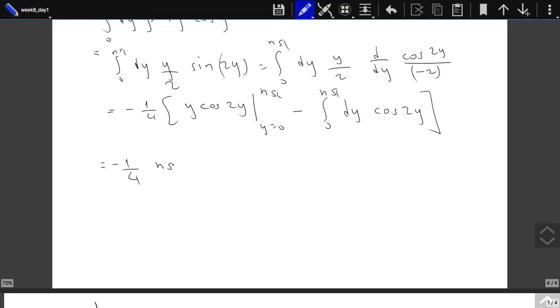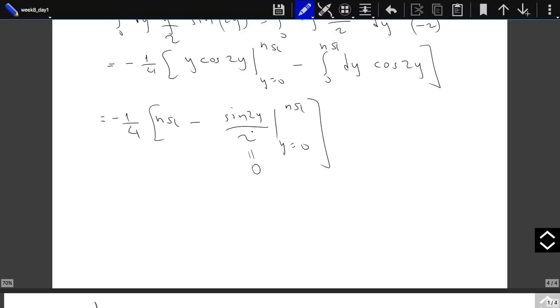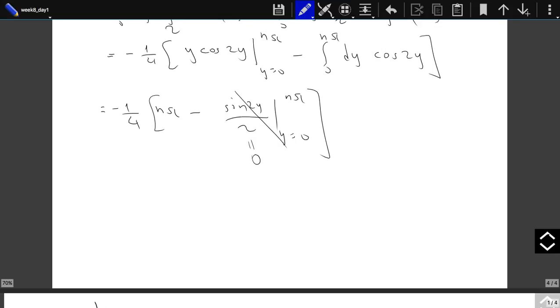So we have n times pi minus that, sine 2y over 2 when y goes from 0 to n pi. That is 0. So this is 0. So we are left with minus n pi over 4.